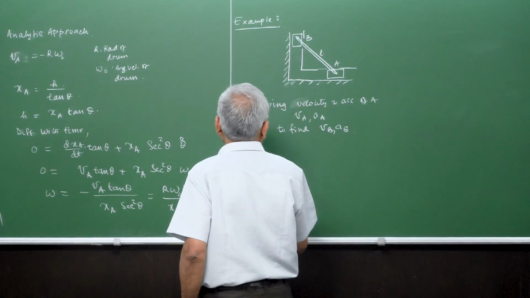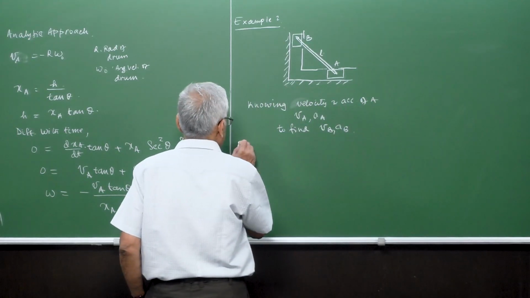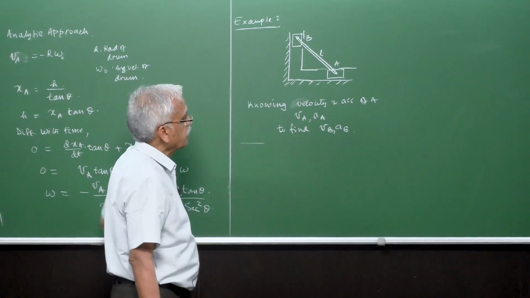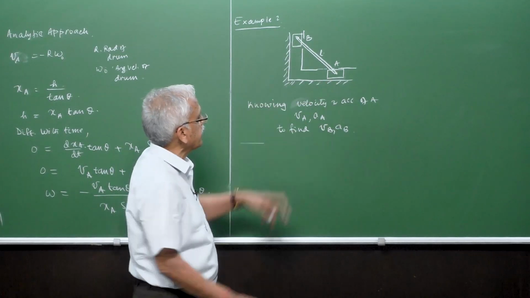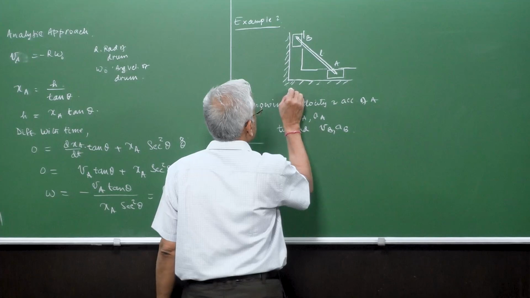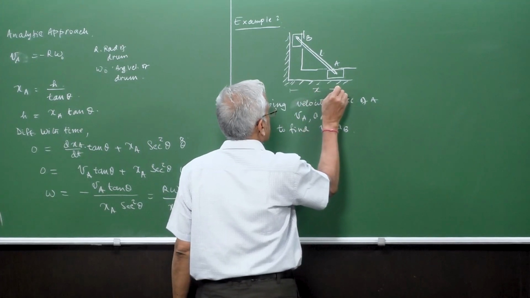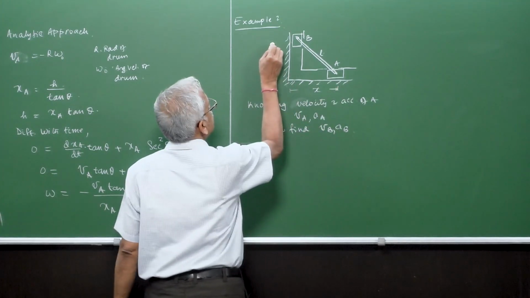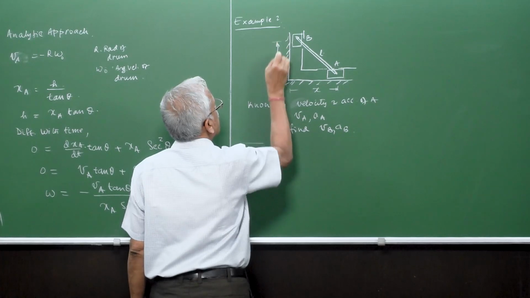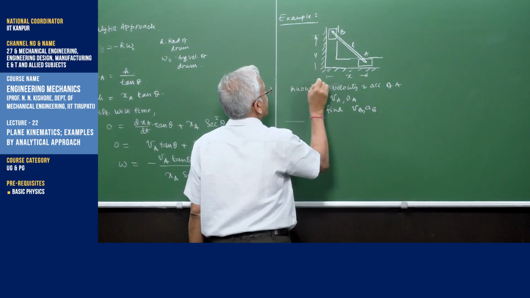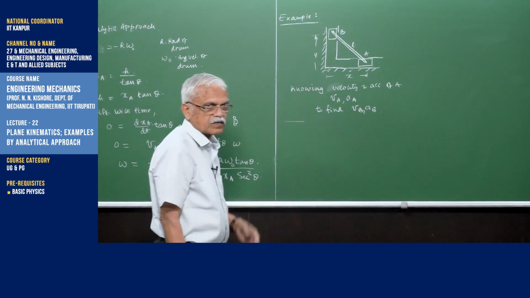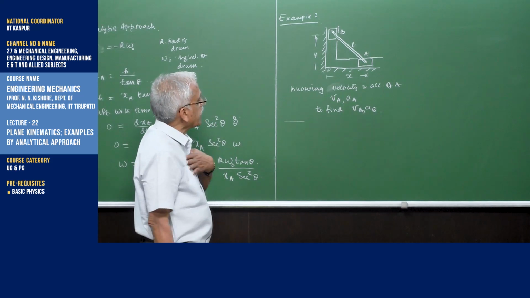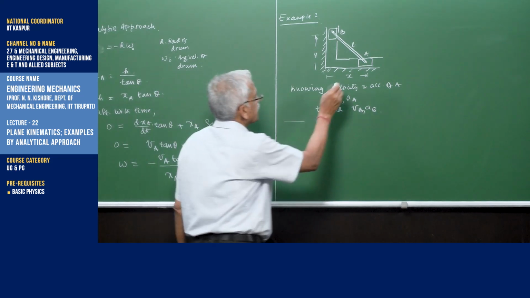So how we do it here is that we want to relate A and B. So here A, let's represent by a distance of x, and this we will represent by y. So we would like to find out y.